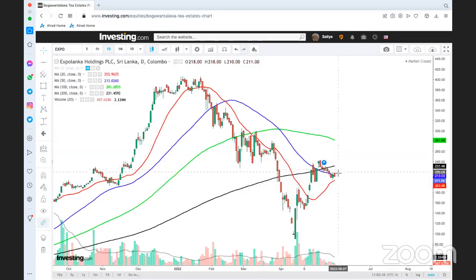But at this moment, it is trying to establish a certain upper level of support. At the moment, it's within a resistance zone, probably from this low of 198 to this high of 229, where this trend is trying to form its strength. So we need to be mindful of that.